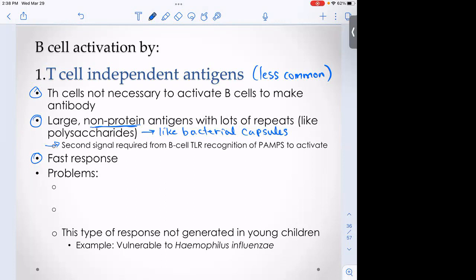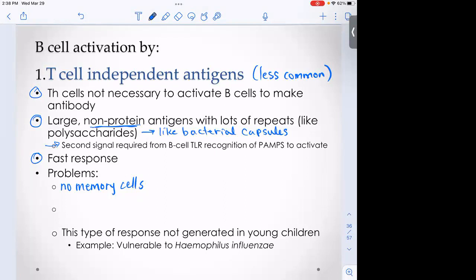The problem is it's not quite as good a response because there's no memory cells made. And again, the advantage of memory cells is that as soon as they recognize the pathogen, they will start making antibody right away. They don't need other signals from other cells.